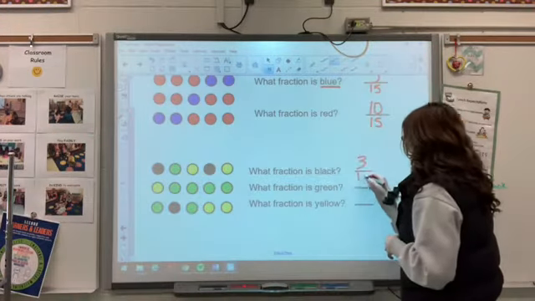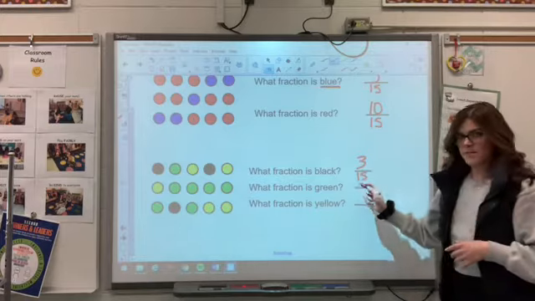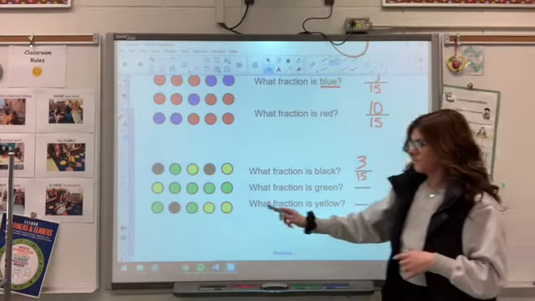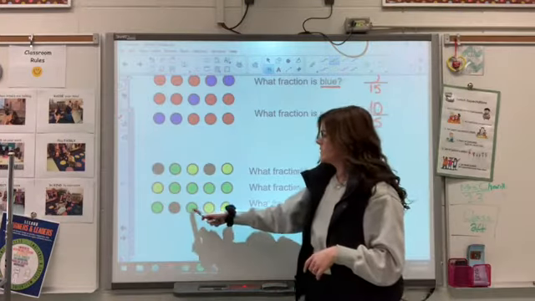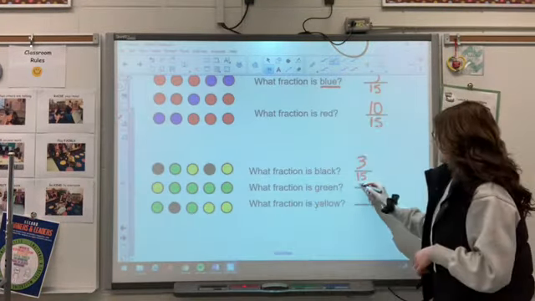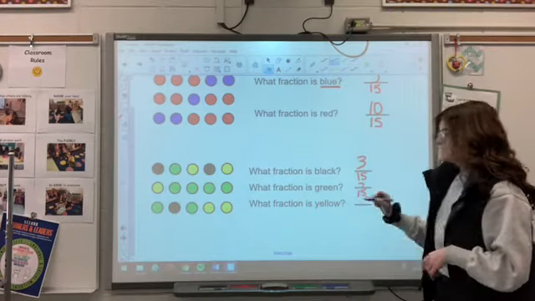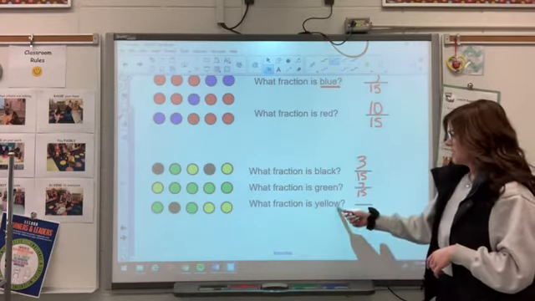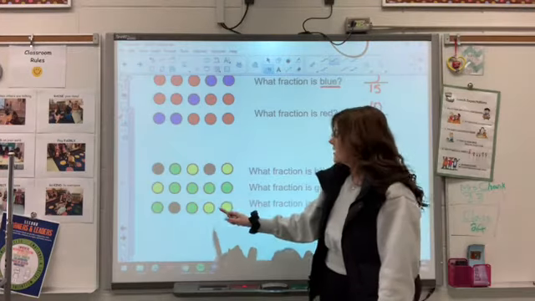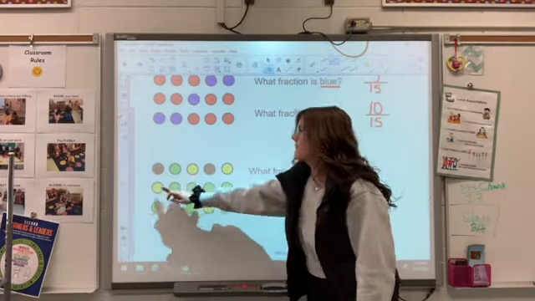So I would read this fraction as 3/15ths. The next question asks, what fraction is green? So I'm going to count how many green pieces I have. 1, 2, 3, 4, 5, 6, 7. 7/15ths are green. The last question asks, what fraction is yellow? I'm going to count how many yellow pieces I have. 1, 2, 3, 4, 5.